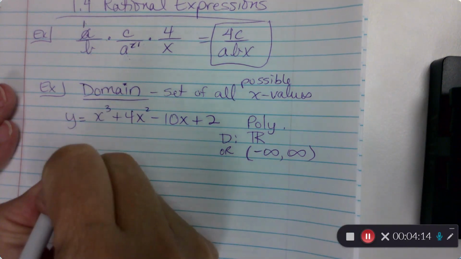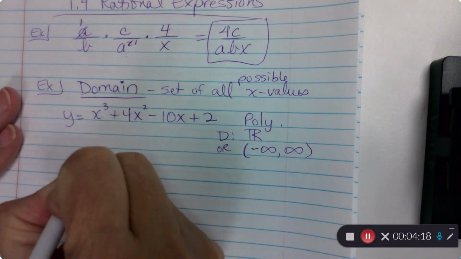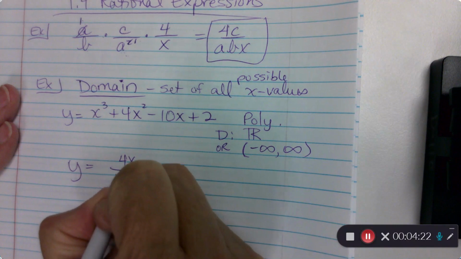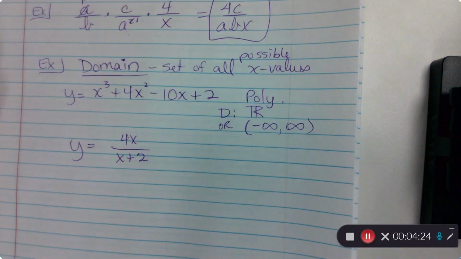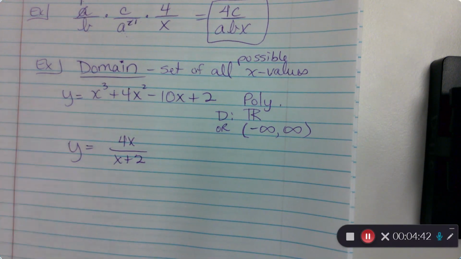Now, I did entitle this rational expressions. What about a function that has some x's in the denominator? As I think of a domain, I think of restrictions. Are there any places where if I plugged a certain x in, that thing would be undefined?